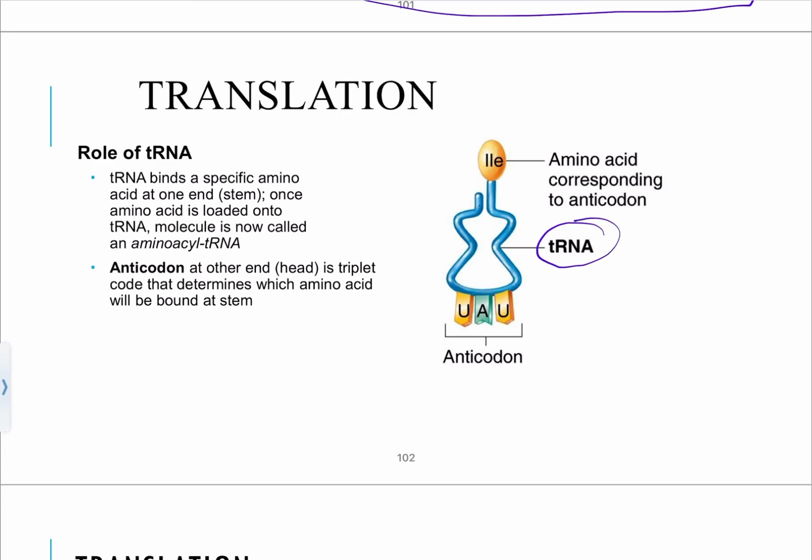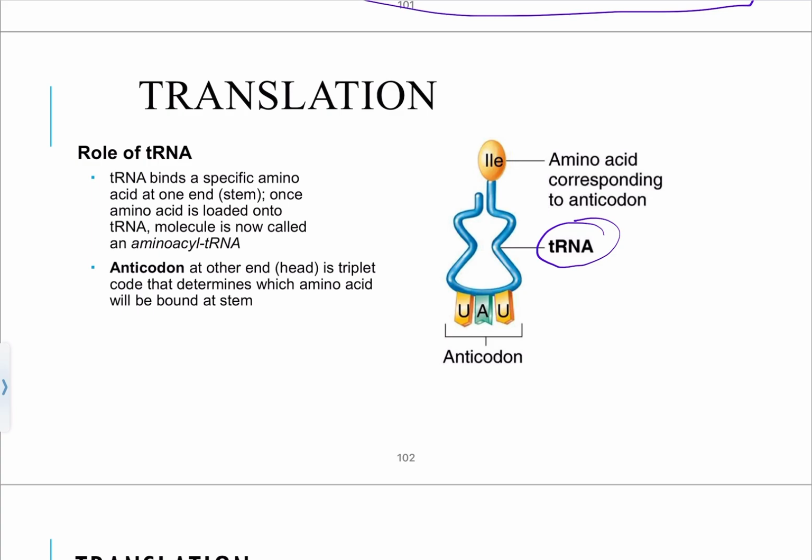The tRNA molecule is represented here in blue, and it has something called an anticodon at one point, and it carries the amino acid on the other point. So the anticodon is not the codon sequence, it's actually the complement to the codon sequence. And we're going to talk more about that in a little bit.